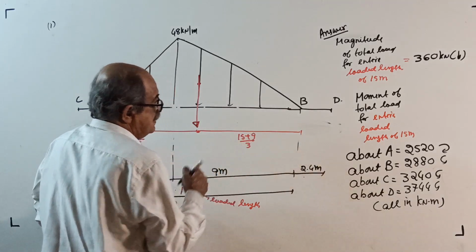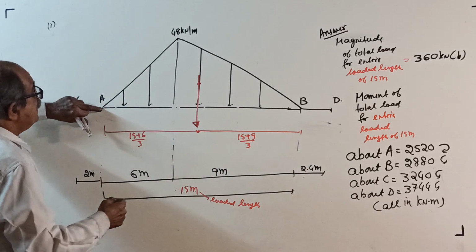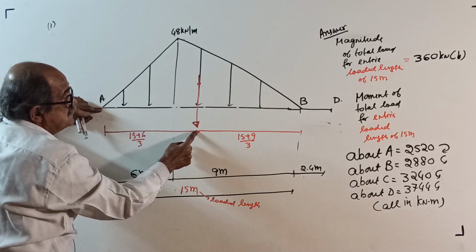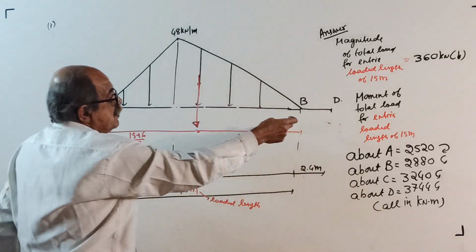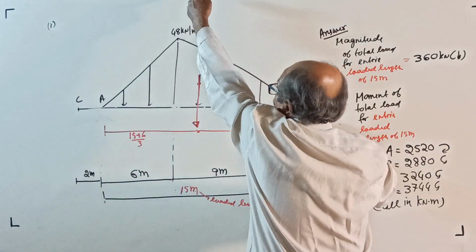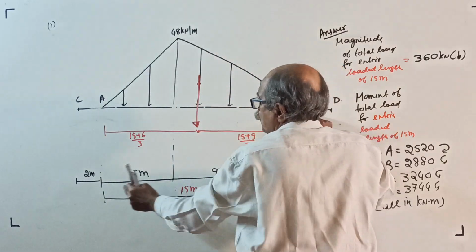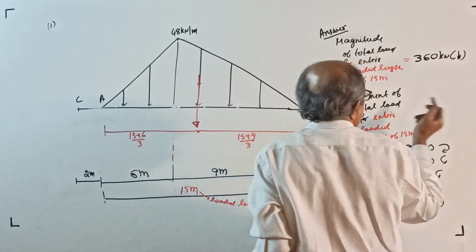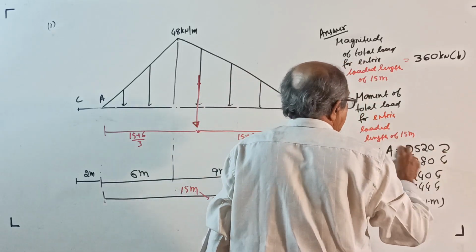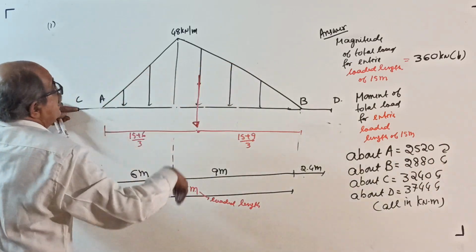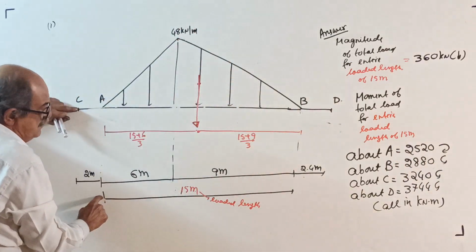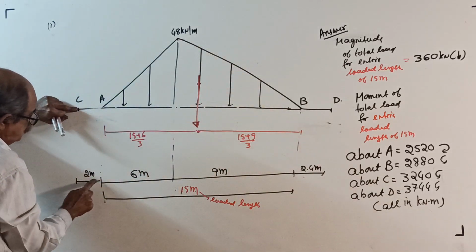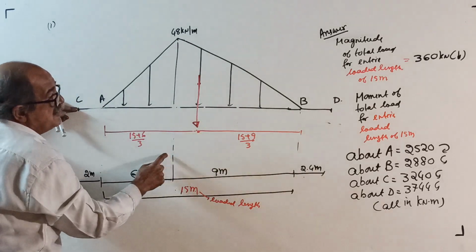Now, moment about A: the total load into this distance, clockwise. Moment about B: the total load, half into 15 into 48 into 15 plus 9 by 3, anti-clockwise. Moment about C: total load, half into 15 into 48 into 2 plus 15 plus 6 divided by 3.